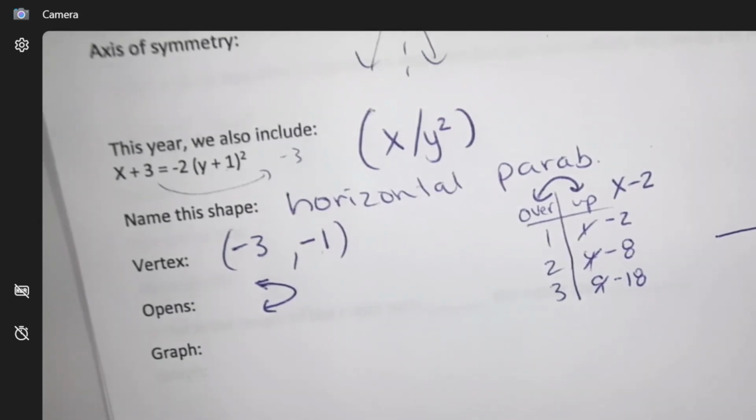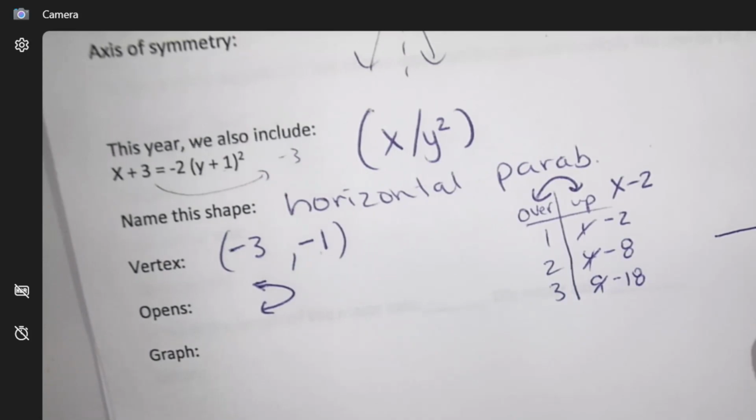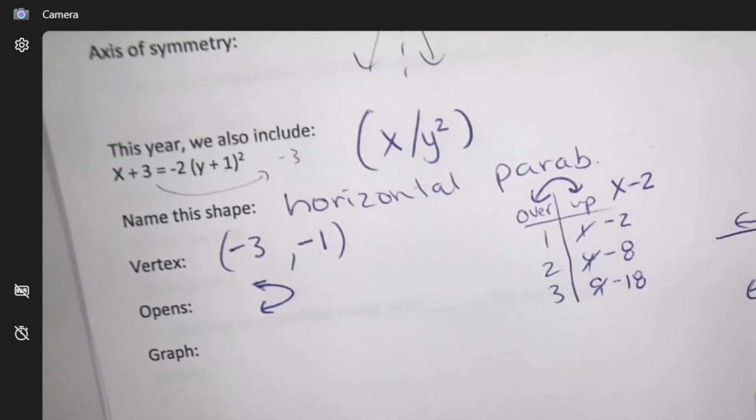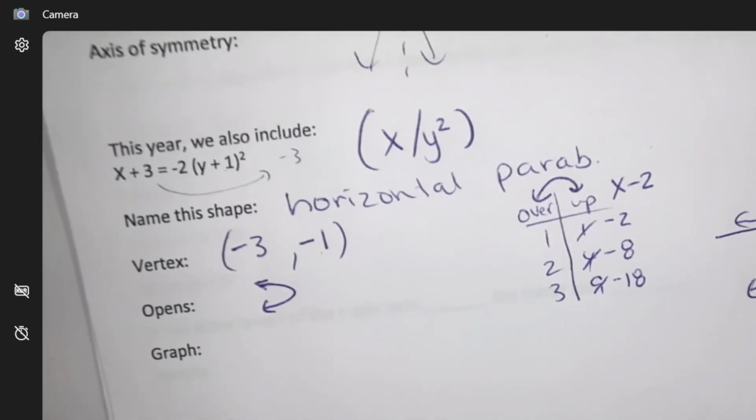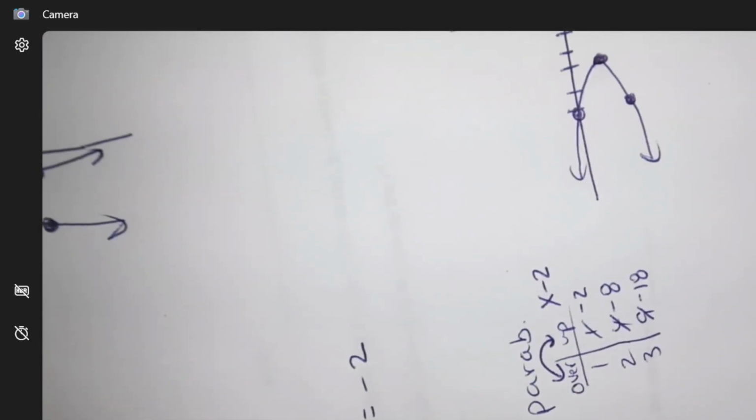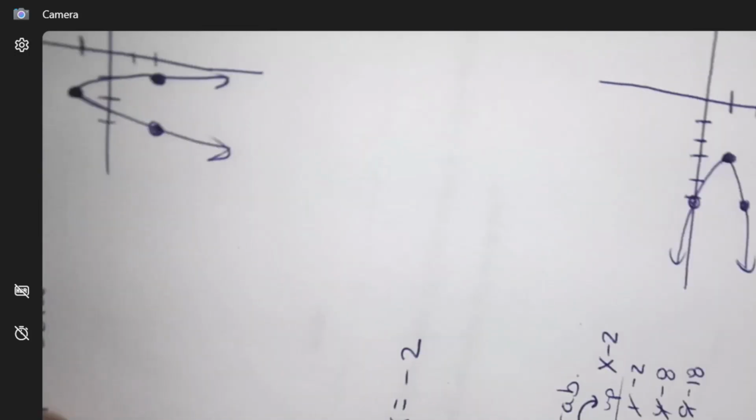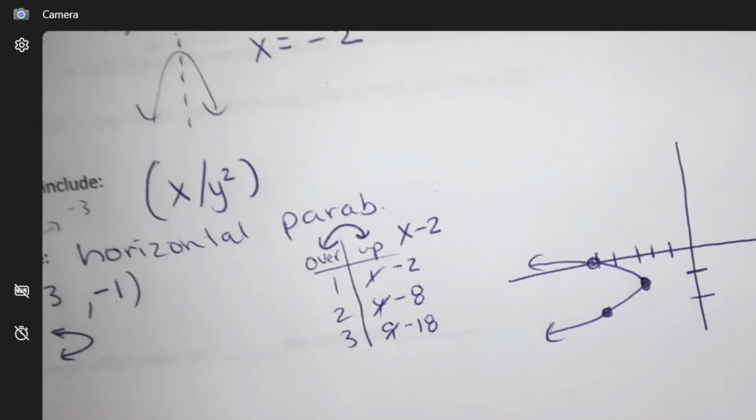So I'm going to go up 1, left 2. To be honest, what I do is I actually just turn my paper sideways and I just draw it like grade 11. I'm just like 1, down 2, 1, down 2. Does that make sense? It's just following the same pattern except it's moving left that way instead of down that way.